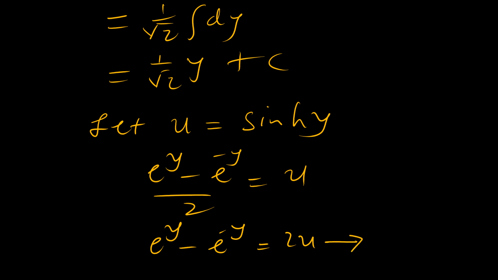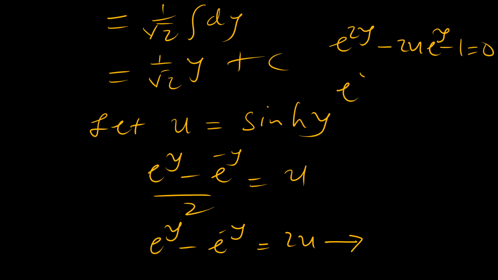And therefore, what that means is that e to the power 2y minus 2u times e to the power y minus 1 equals 0.